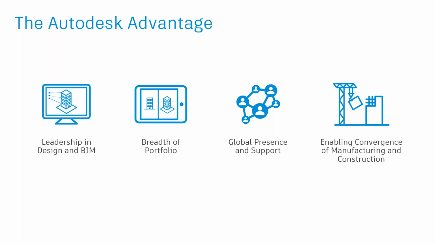We have a breadth of portfolio of products running all the way from concept design, detailed design, planning and analysis to building, construction, as well as operations. We have a global presence and support from good partners such as Baker Baines, and we also accelerate the convergence of manufacturing and construction, which is very, very critical in our world today.